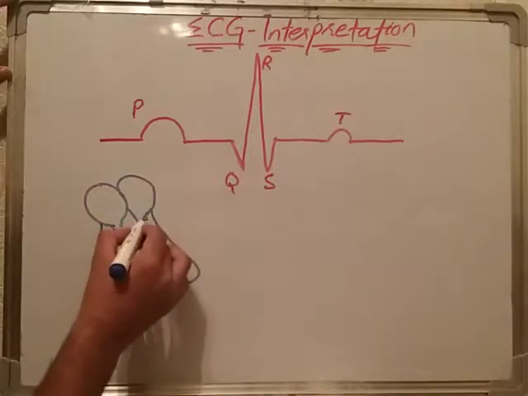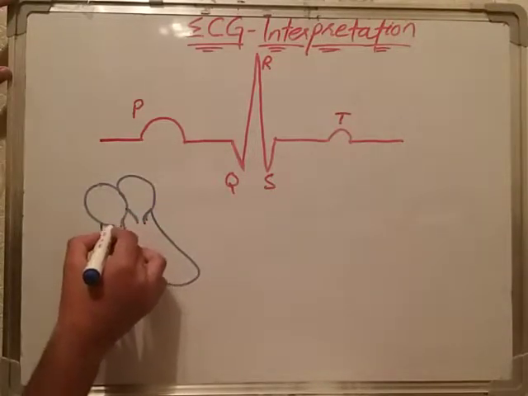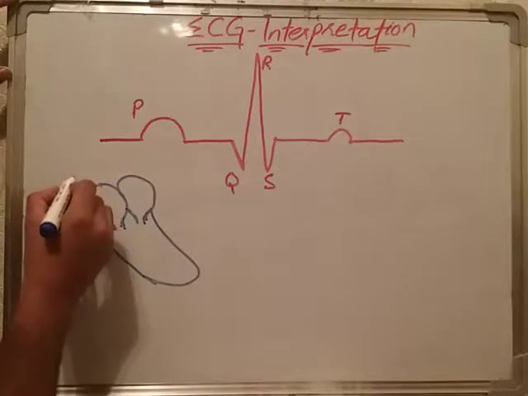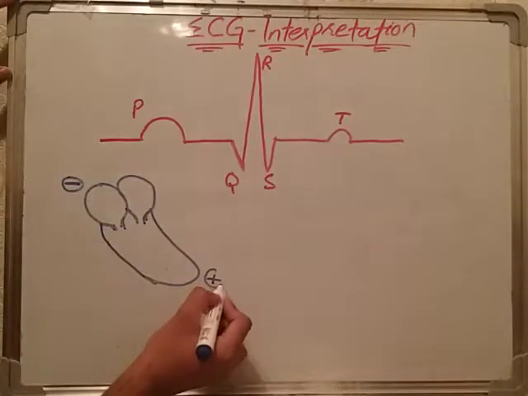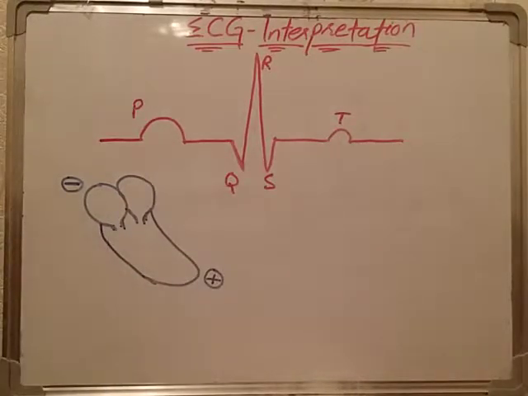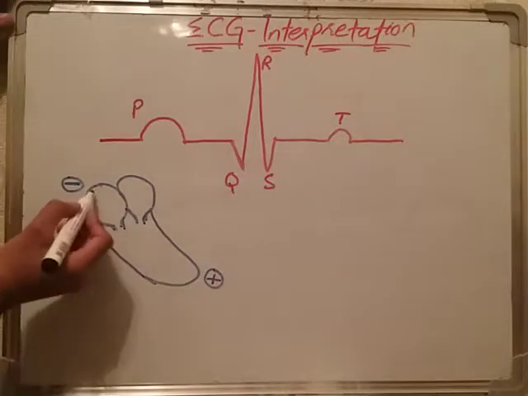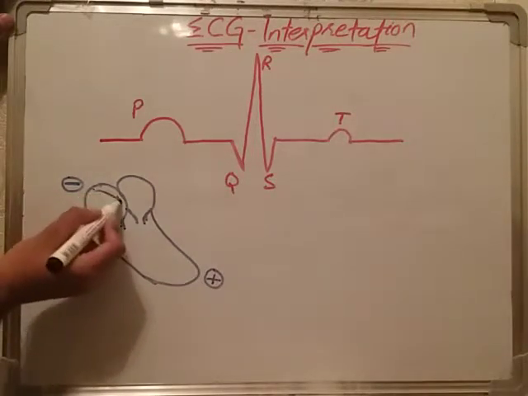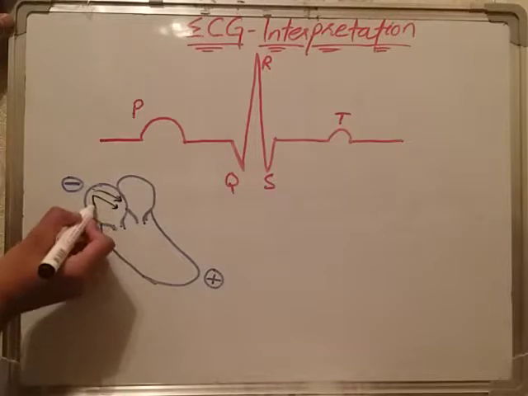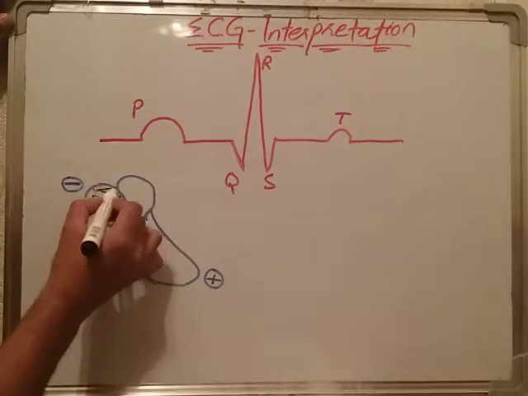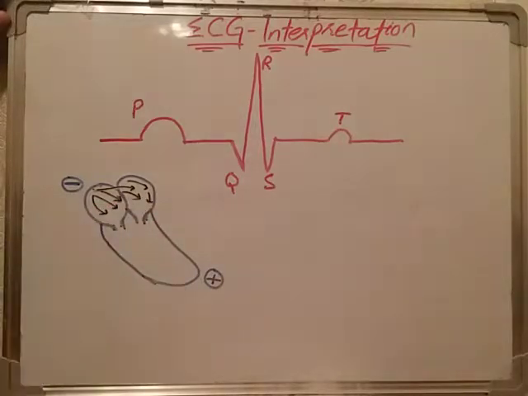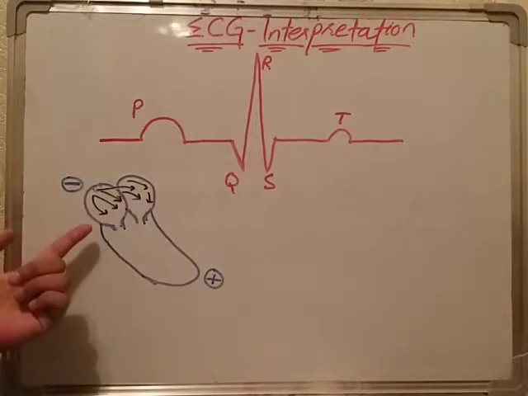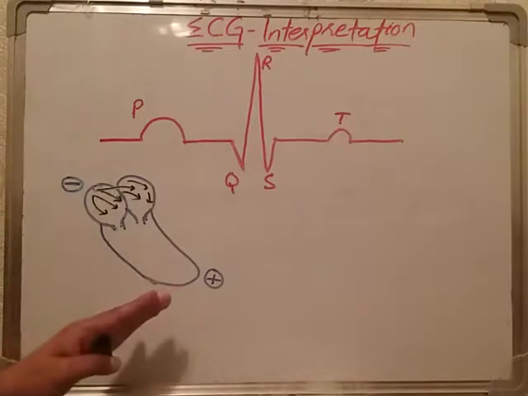So for example, during ECG we place an electrode over the heart, and the depolarization starts from the SA node and moves downward, depolarizing the atrial muscle. So depolarization is moving downward.